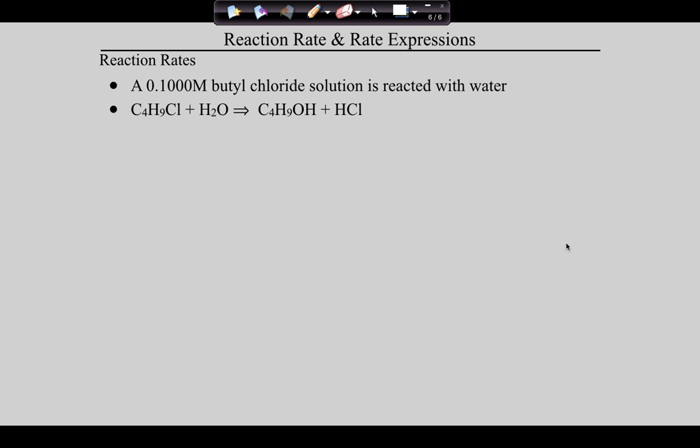So butyl chloride is C4H9Cl, and then we've got water. How do you know butyl chloride is the C4H9Cl? Because it's not water, right? And then guys, notice the products. You've got C4H9OH and HCl. So let's talk. What's HCl? Hydrochloric acid. This one you should actually maybe know.